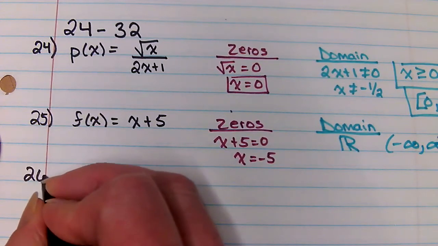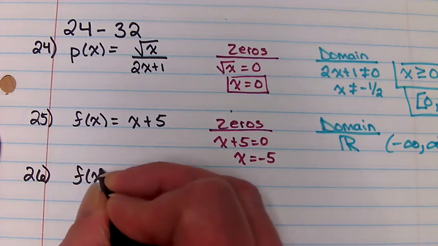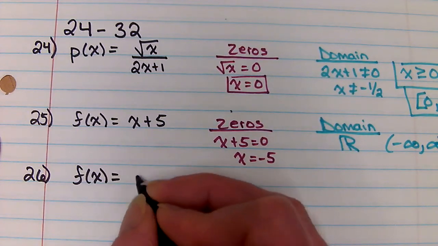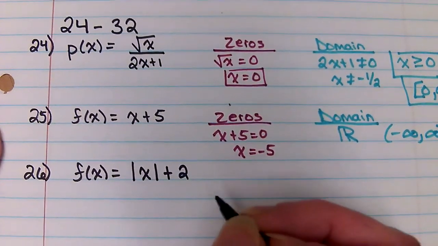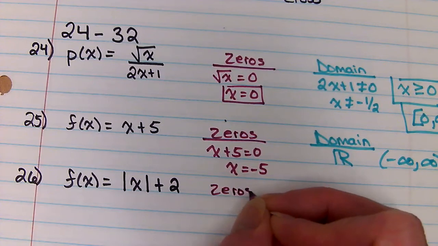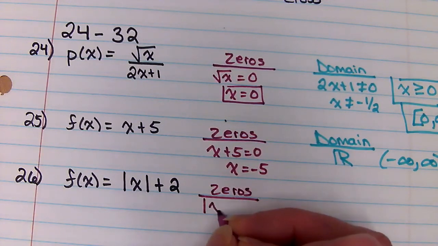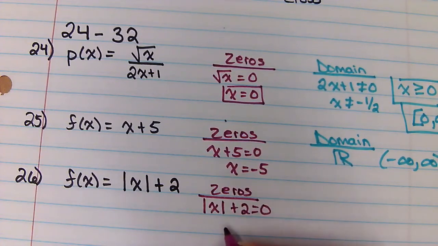Number 26. F of x equals the absolute value of x plus 2. So for the zeros, that's when y is 0. So absolute value of x plus 2 equals 0.